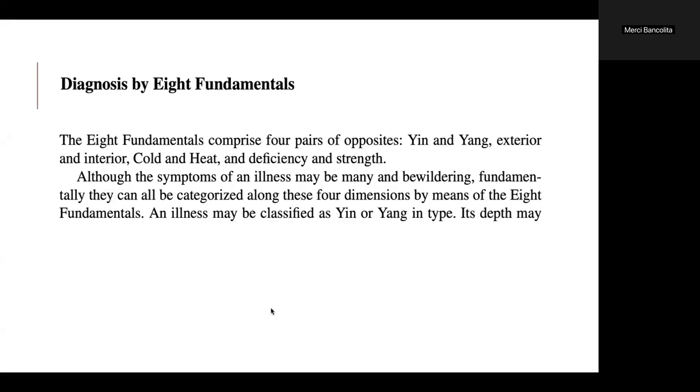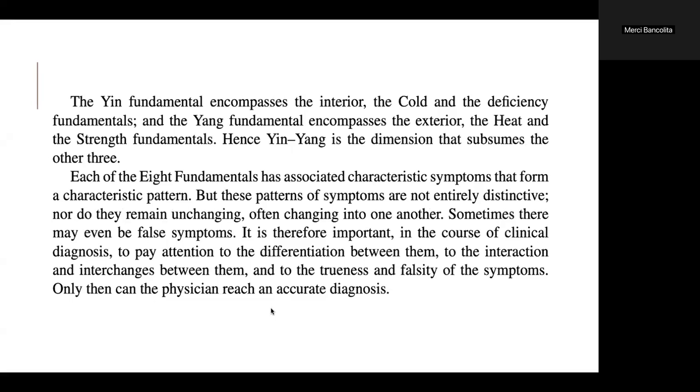An illness may be classified as yin or yang in type, in depth. The yin fundamental encompasses the interior, the cold and the deficiency fundamentals, and the yang fundamental encompasses the exterior, the heat and the strength fundamentals. Hence, yin-yang is the dimension that subsumes the other 3.